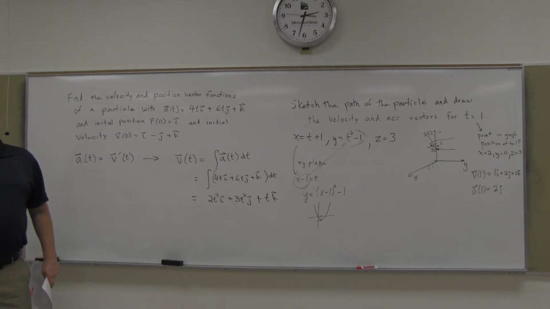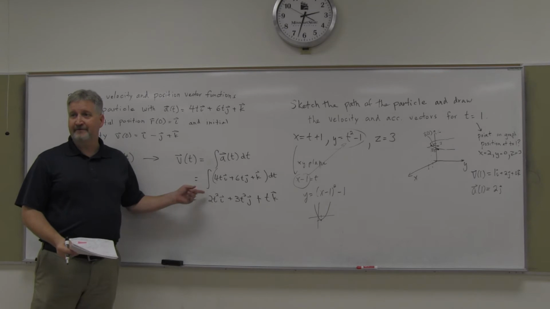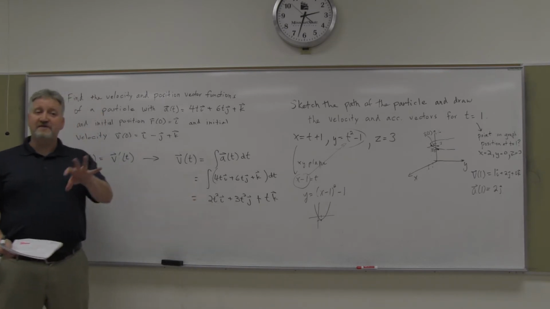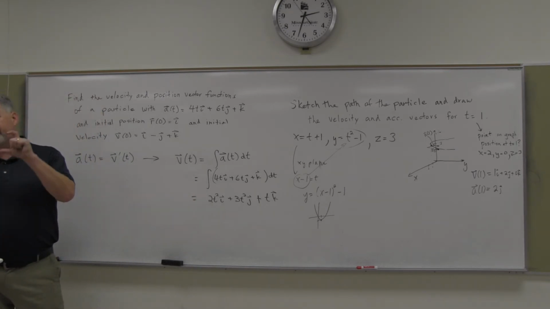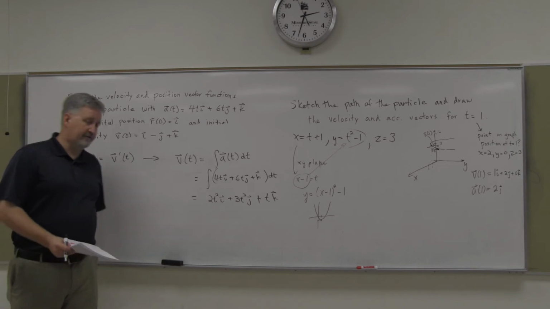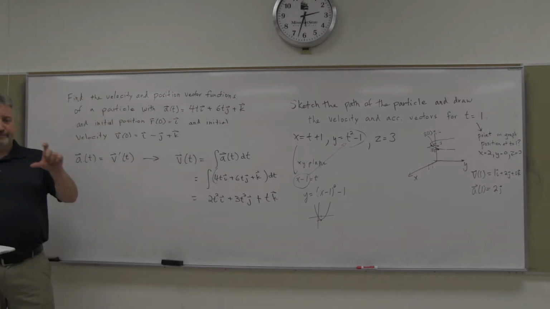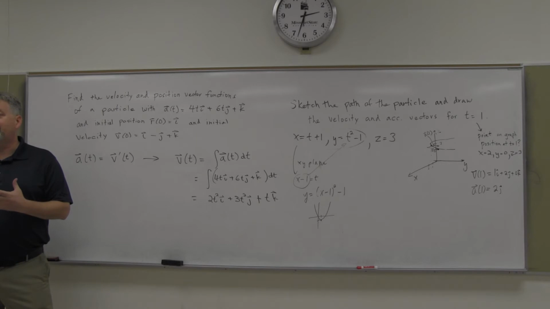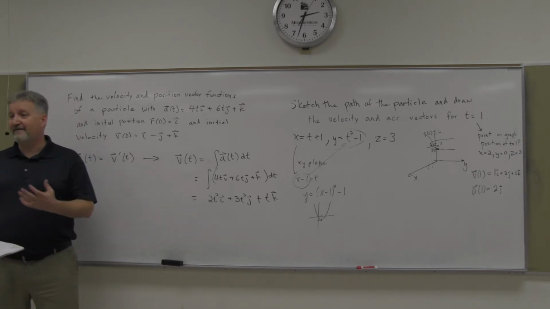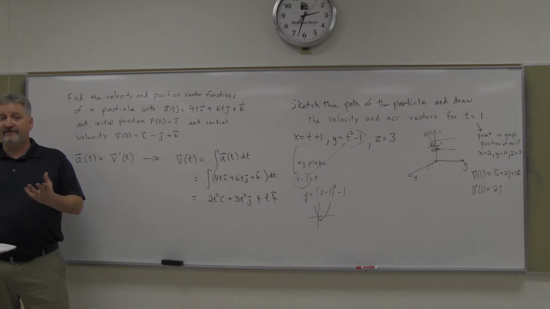Now the little catch on this one is it's an indefinite integral. The previous integrals we did with these vector functions, we knew the upper and lower limits, so we didn't have to factor in a constant. Well, this is an indefinite integral, so we have to think about a constant here.